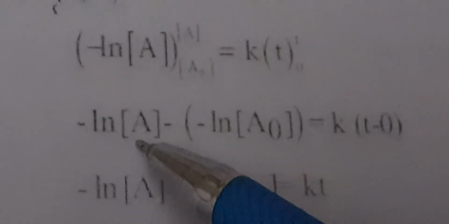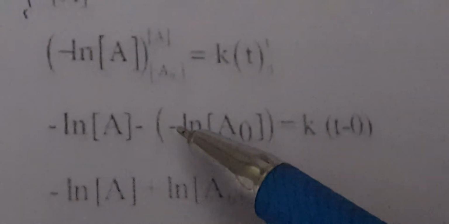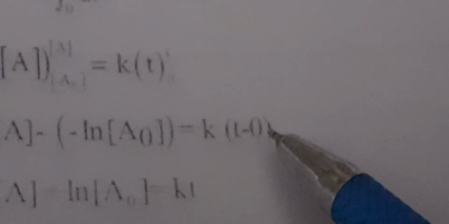So minus ln of concentration A minus, then minus, already one minus is there, so minus ln of concentration of A0 is equal to K. The upper limit of time is T minus the lower limit of time 0, so K of T minus 0.